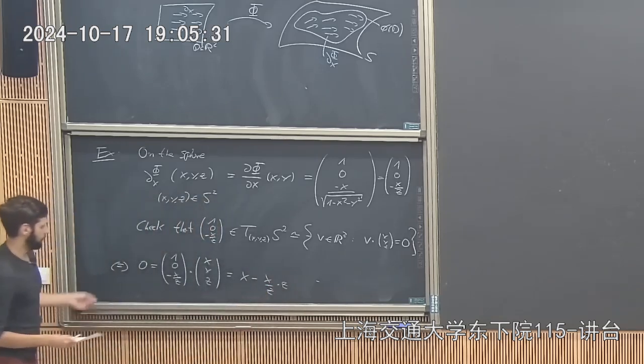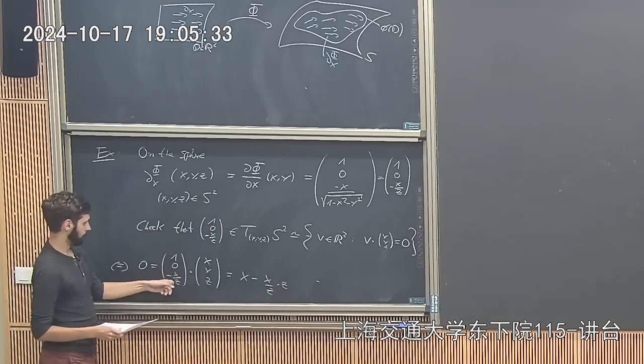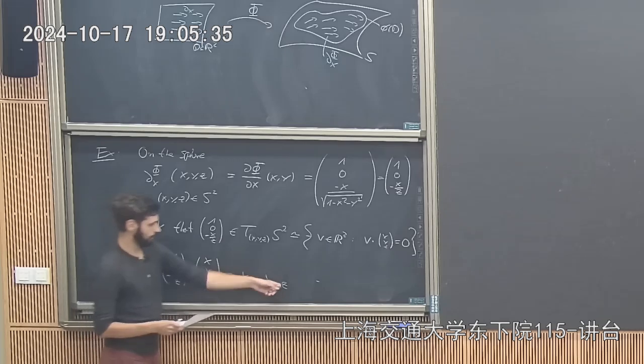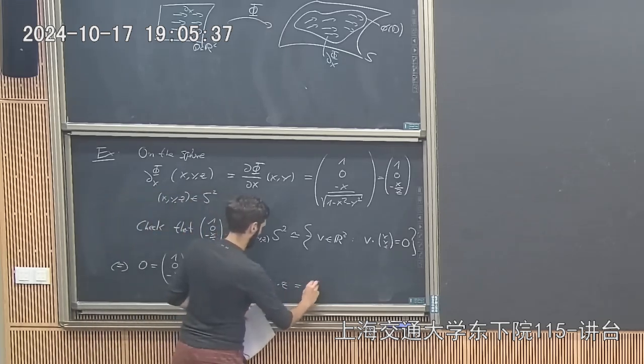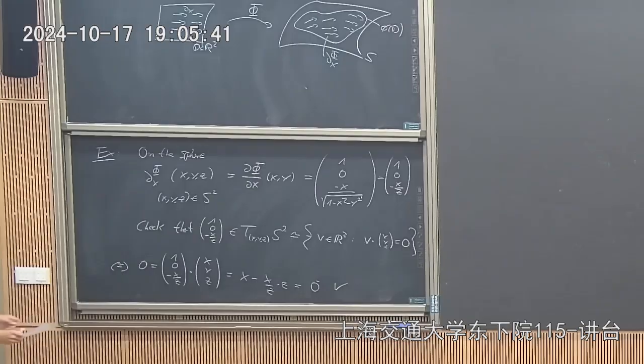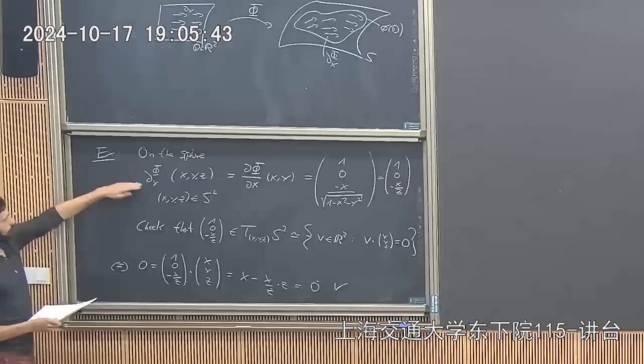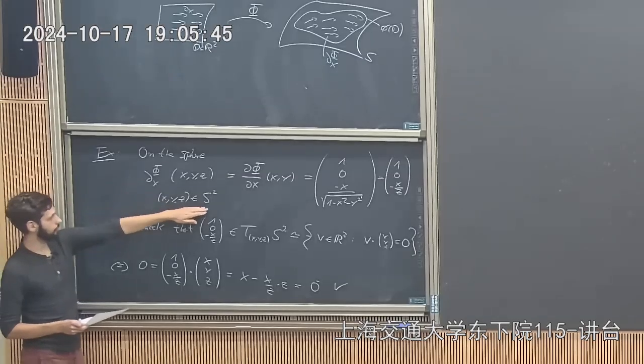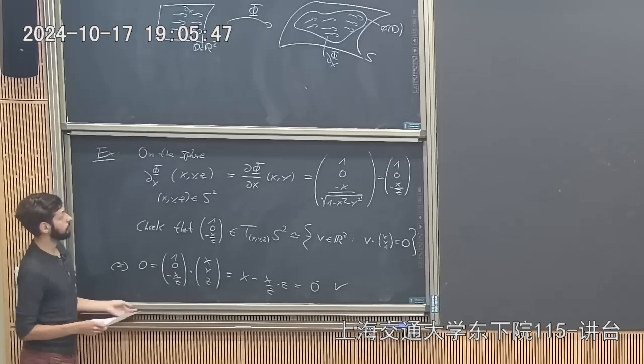What you see is that this expression here just cancels exactly. So we indeed get 0, which is what we wanted. So for every point x, y, and z on the sphere, we get a certain tangent vector.